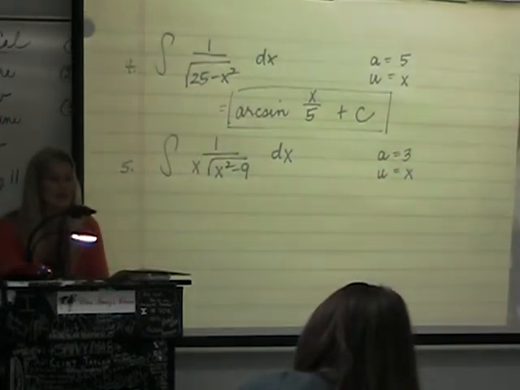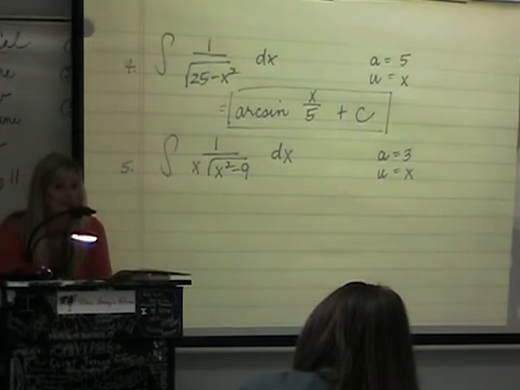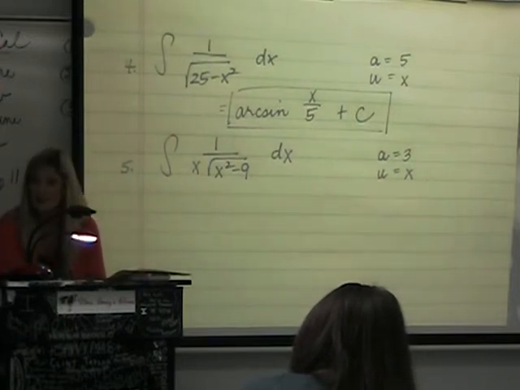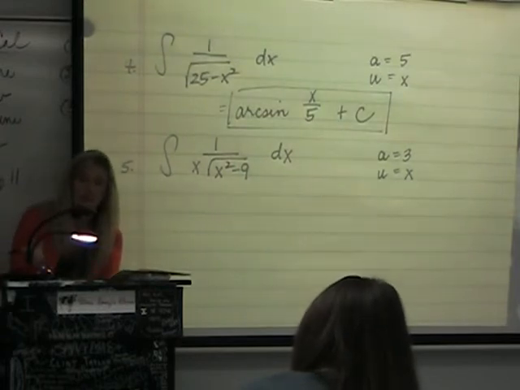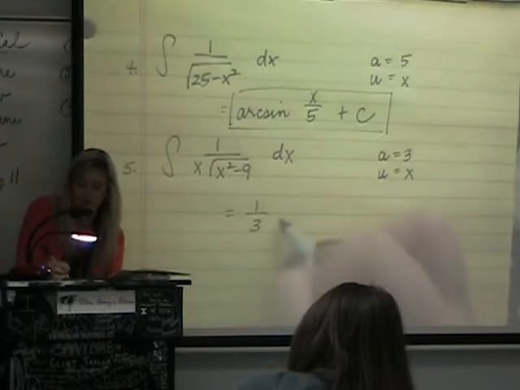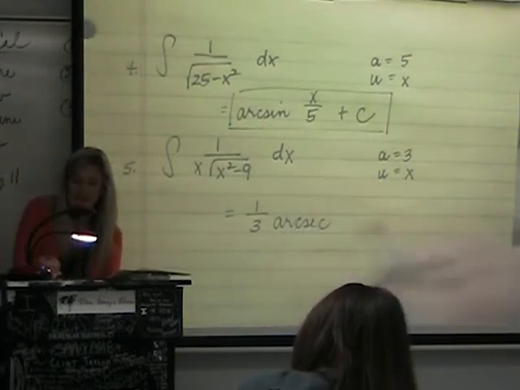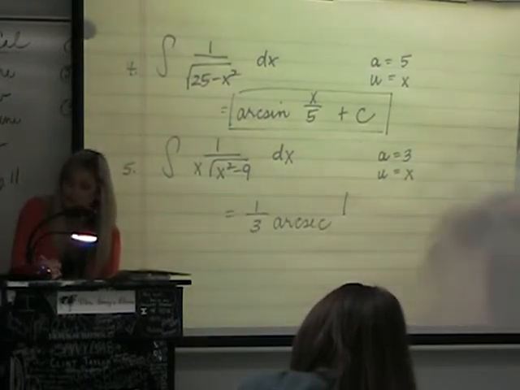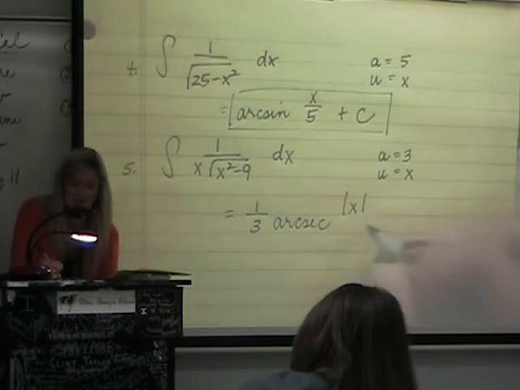And is this arcsine, arctan or arcsecant? Looks like arcsecant, doesn't it? Because of the u out in front of the square root. So my formula for arcsecant is 1 over a, so 1/3 arcsecant of the absolute value of u, which is just x, over 3 plus c.